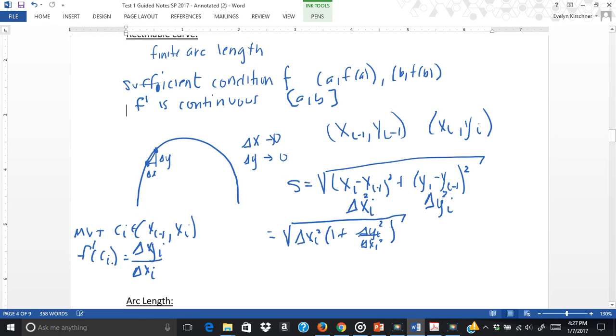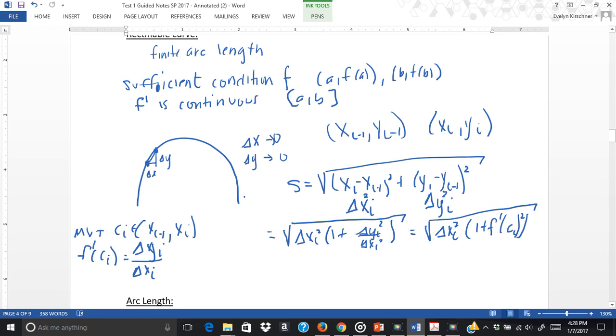Go back to the mean value theorem and think about what it is. We're just using the approximation of a slope, using the point-slope form. So this is the same as the square root of delta x_i squared times 1 plus the derivative at some c_i squared.